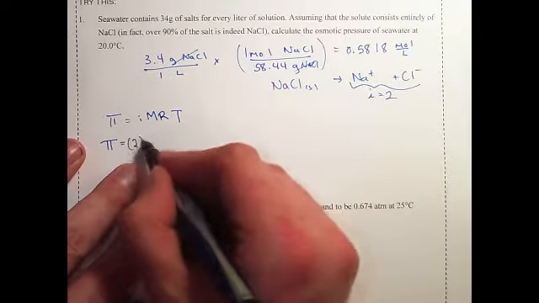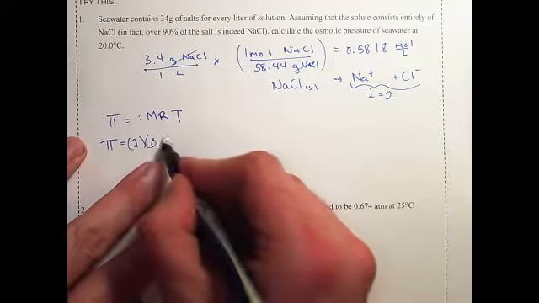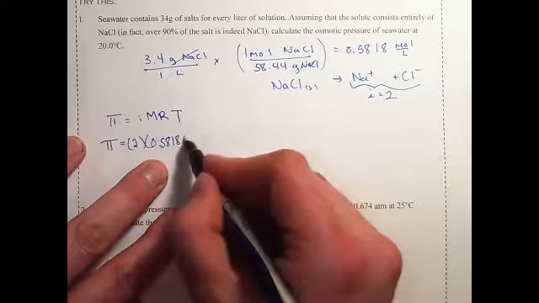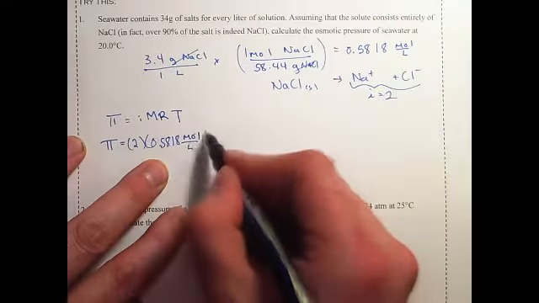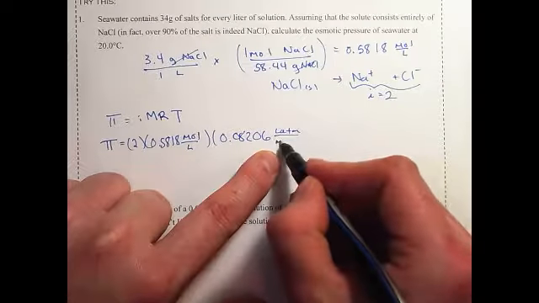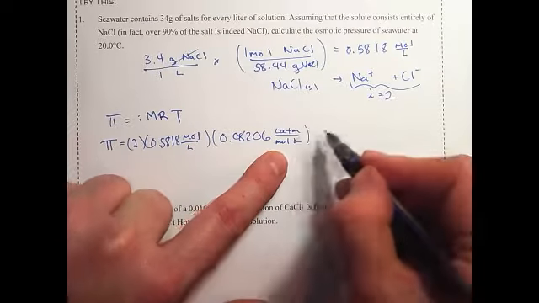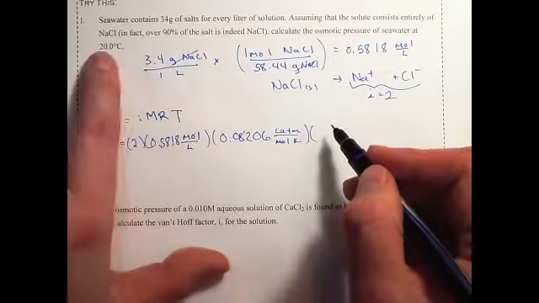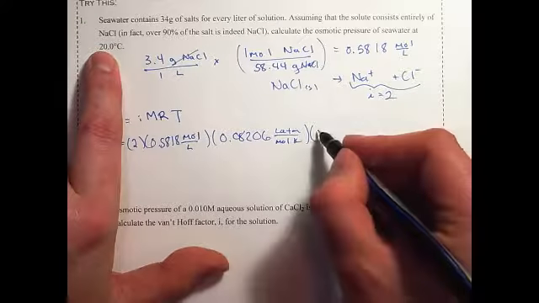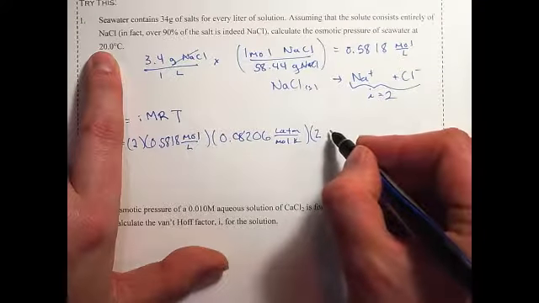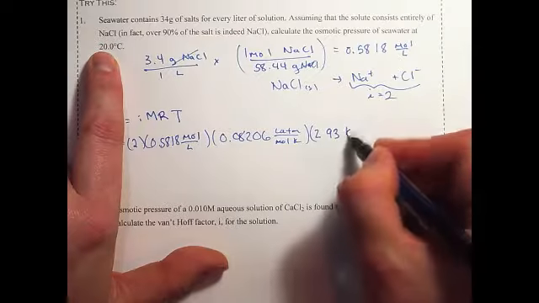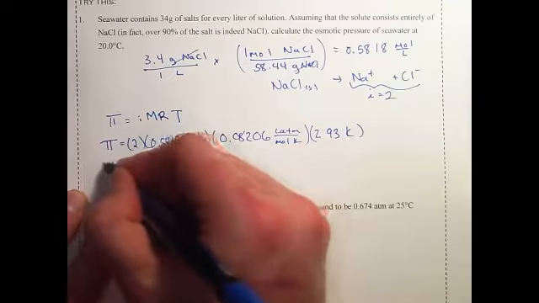Pi is equal to 2, 0.5818 mole per liter, 0.08206 liters atmosphere per mole Kelvin. And you gotta watch it, it's 20, not 25, so it's 293 Kelvin.